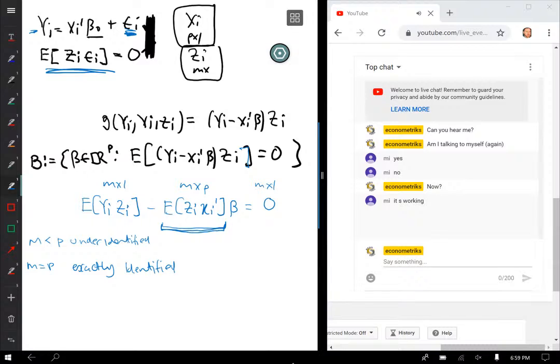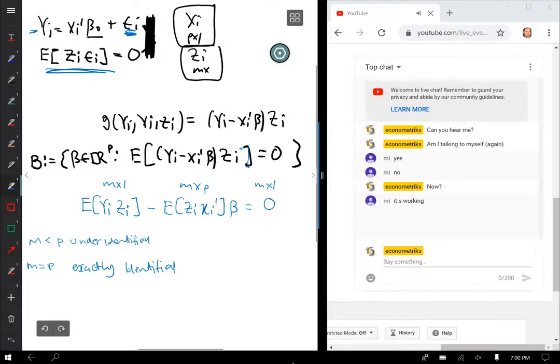So there's no reason why this is full rank. In fact, say the z's and the x's are all uncorrelated, and in some instances this can be not full rank. It depends on whether there's sufficient variation of the x's and the z's together such that this becomes full rank.